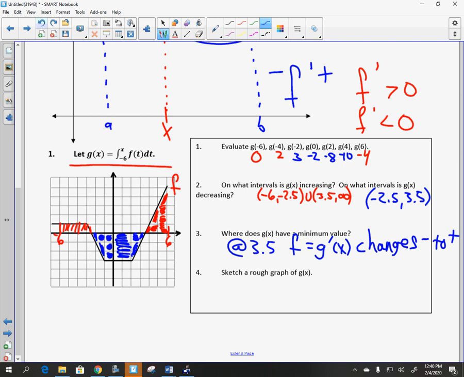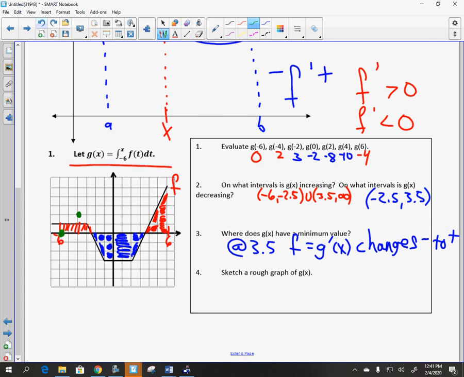And finally, the last piece, if we want to sketch a rough graph of g of x, could we? Sure. It's not too tough. I'll draw g in green, and it's not an exact graph, it's just an estimation. It says g of negative 6 is 0. G of negative 4 is 2. So at negative 4, I'm going to go up to 2.